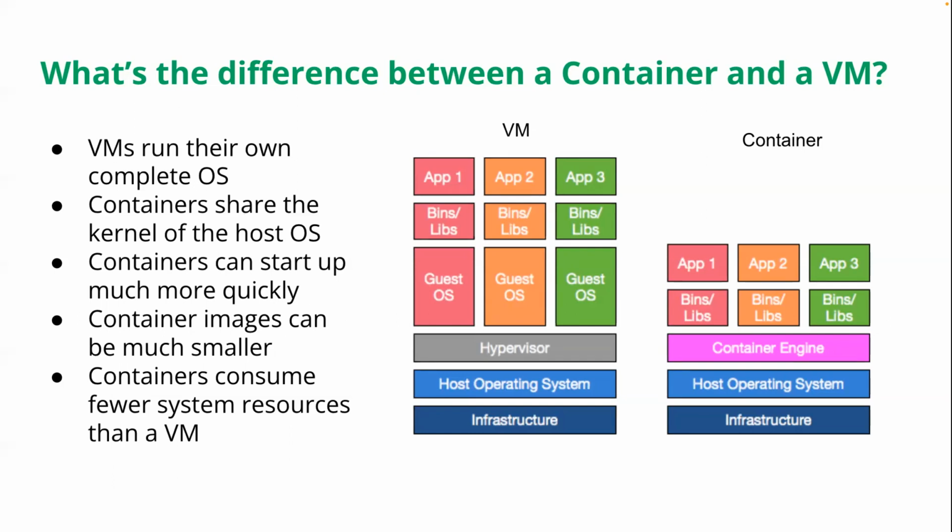There's a base underlying infrastructure on top of which we have the host operating system. Now here we don't have the guest operating system, because what containers do, what Docker does, is that it utilizes the host operating system's kernel and uses that to run the applications. It does not need a new guest operating system on top of it.